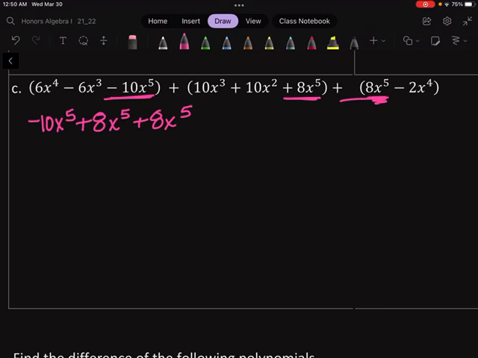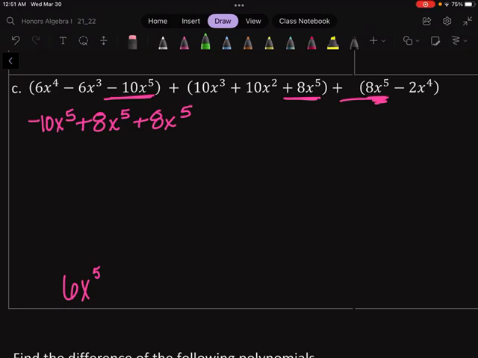And then, so if I want to, I can come down to the bottom here and say, if I do add those together, I'm going to be getting 6x to the 5th. And then I'm going to go to the 4th power. So where are my x to the 4ths?